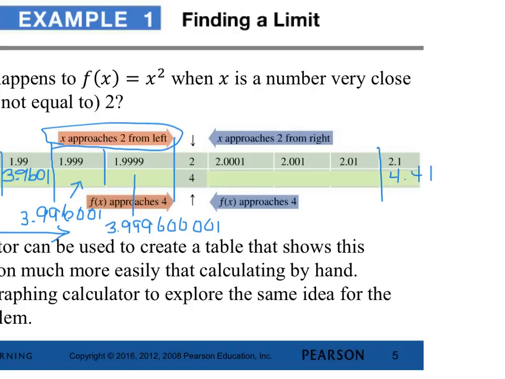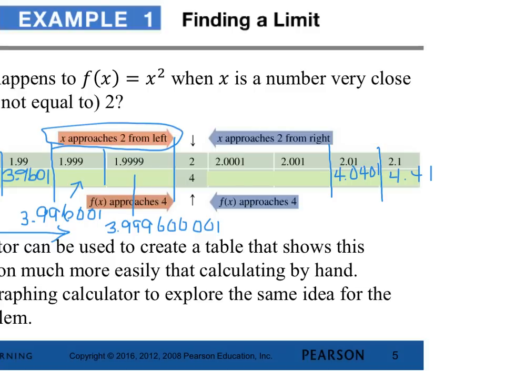Now, if we were to move closer, say to maybe 2 1/100th, that's much closer to 2. And if we square 2.01, 2 1/100th, we get 4.0401. Which is indeed closer to 4.